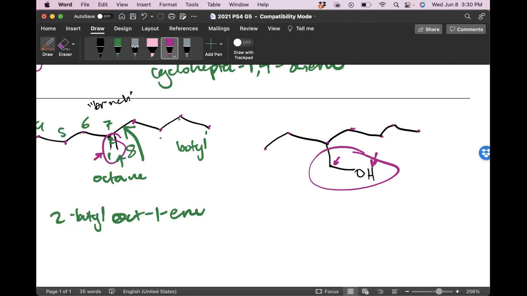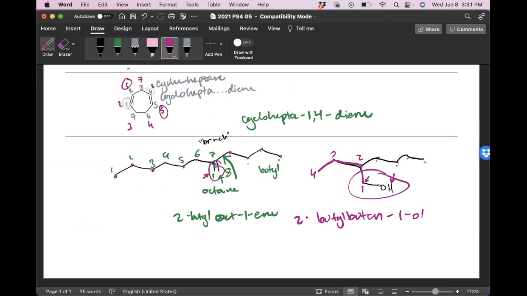So your actual parent chain would be this right here, 1, 2, 3, 4. So it would be 2, 3, 4, butan-1-ol, 1, 2, 3, 4. Hopefully you guys start seeing that pattern.